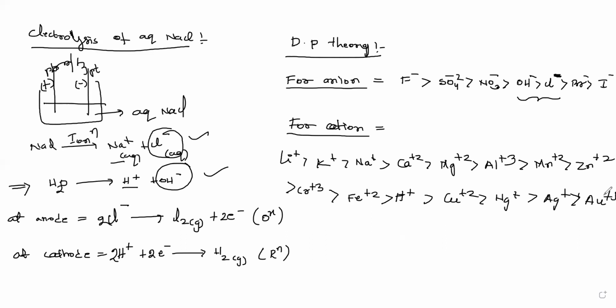This is the order of dP values of different cations.